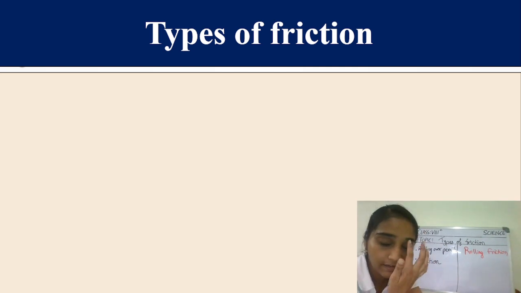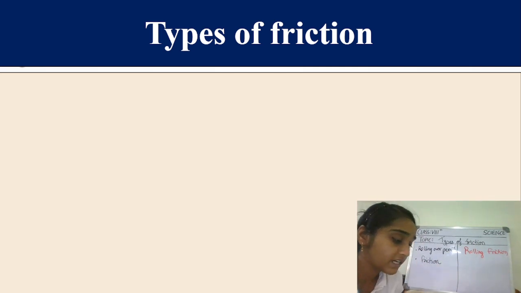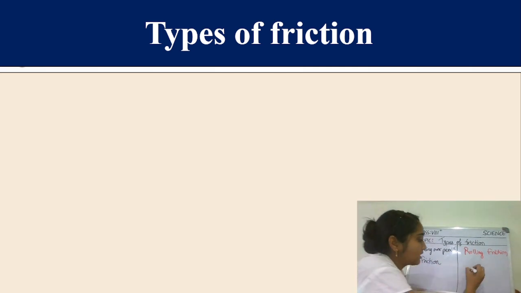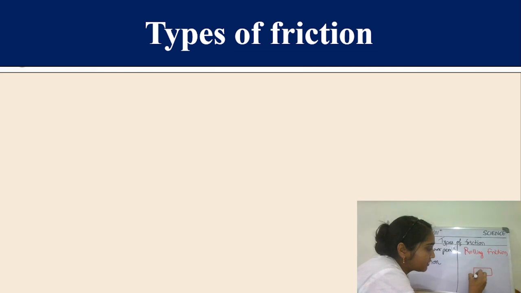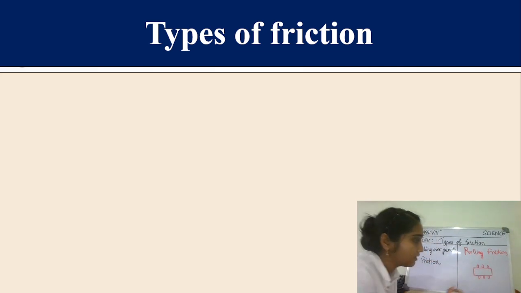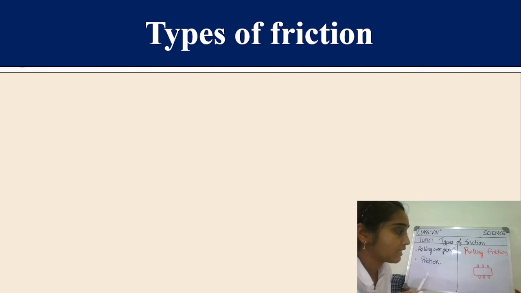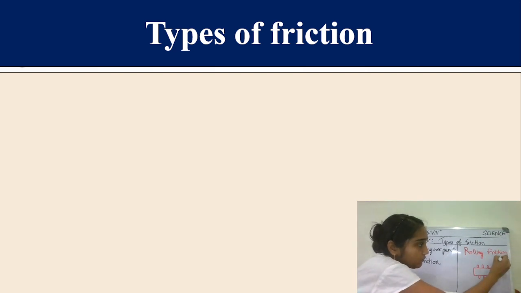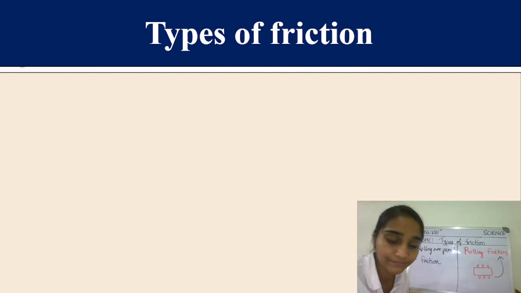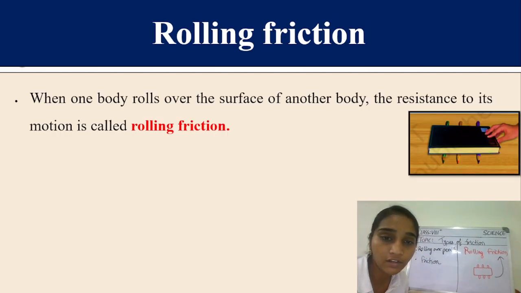Yes, you will define that when one object is rolling over another object, as in the case of the book you have seen, rolling over those pencils, right? The friction attached to this is the rolling friction. Very good students, good observations you have given.